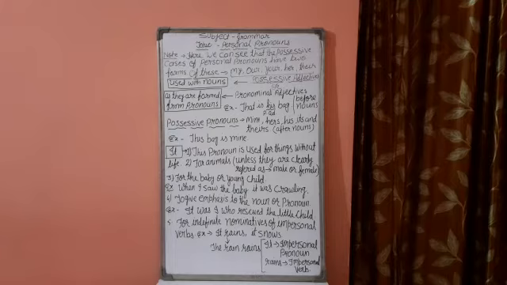If they are mentioned as male or female, we will use his or her accordingly. For the third rule, for a baby or young child, we will use the pronoun it. For example, when I saw the baby, it was crawling. Here it is referring to the baby.